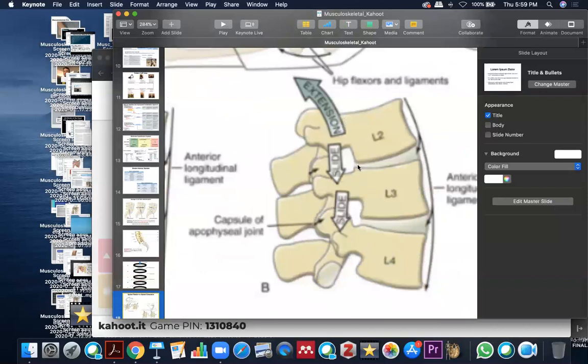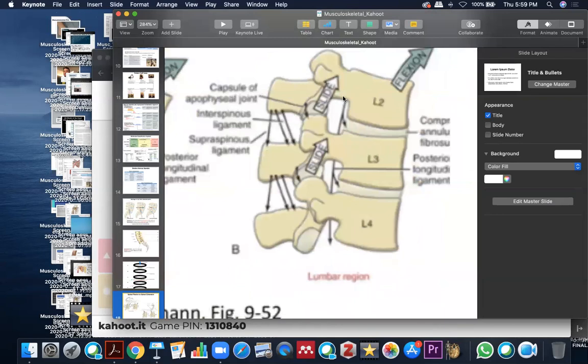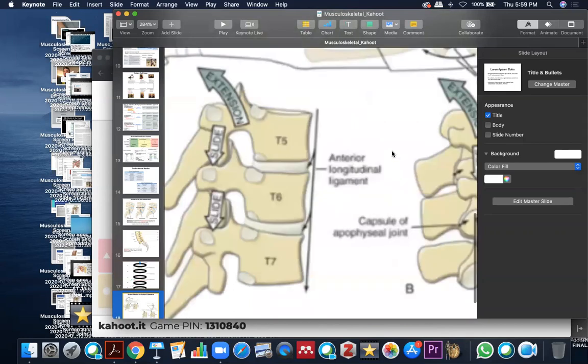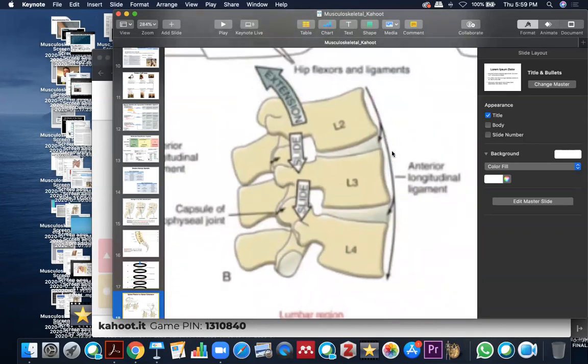So when you do extension of the spine, it doesn't matter what section you're in. Extension, you have downsloping or downsliding. I think he termed it downsloping. And then in flexion, when you flex forward, you have upsloping. And I think upsloping and downsloping imply a bunch of things.